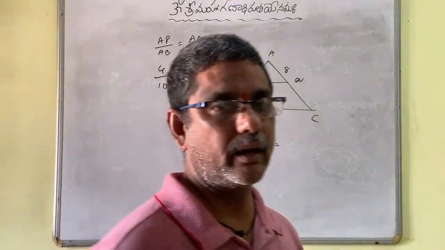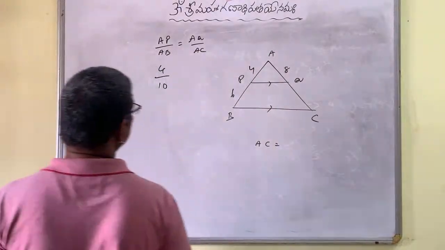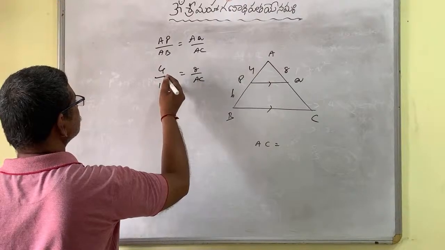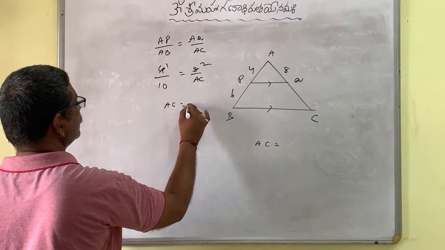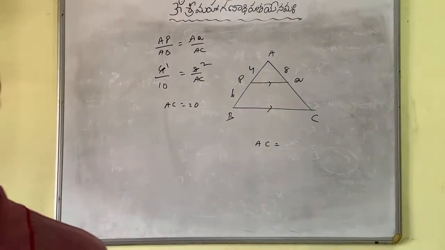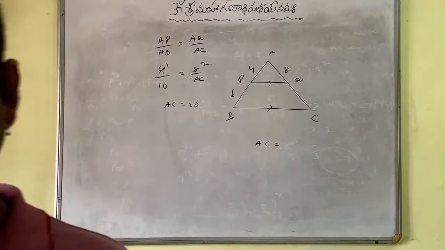We need to take the corollary. Directly you will get the answer. 8 by AC. 4 ones are 4, 4 twos are 8, you can cancel like that. AC is equal to 20. Next question.